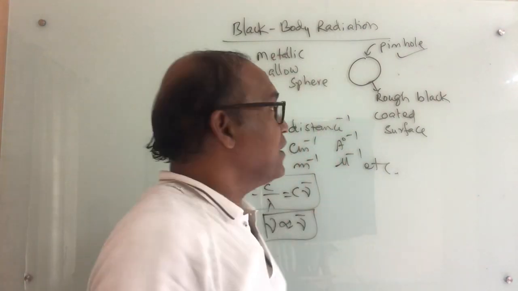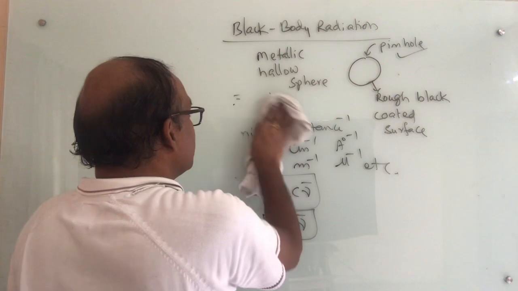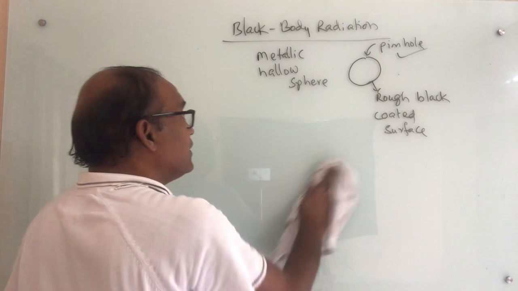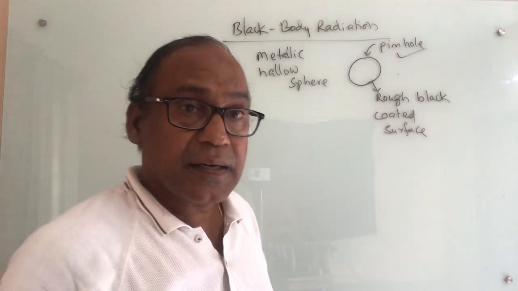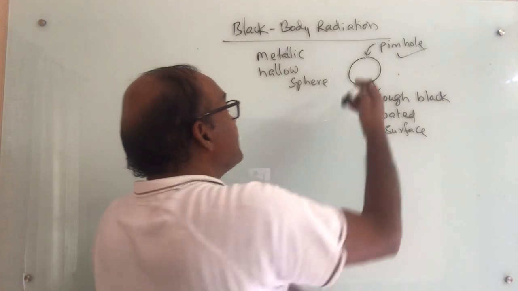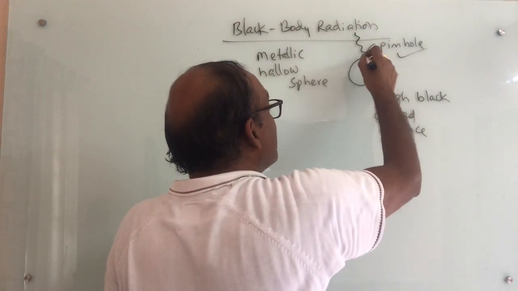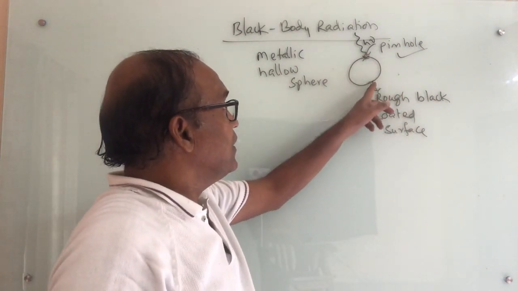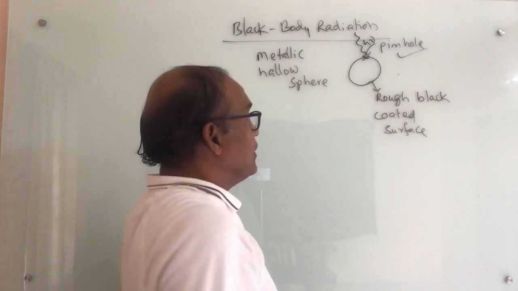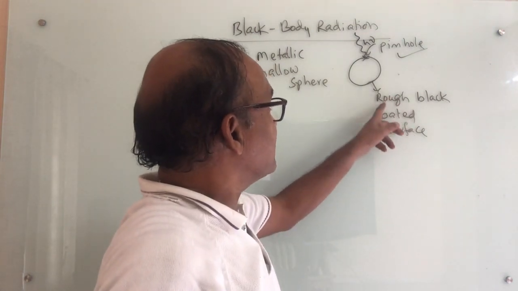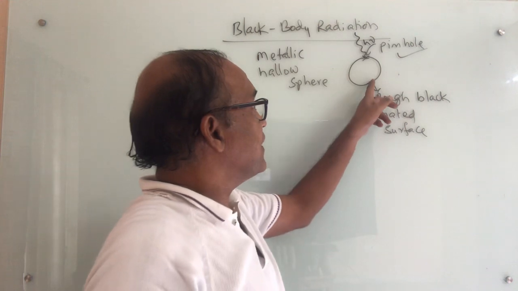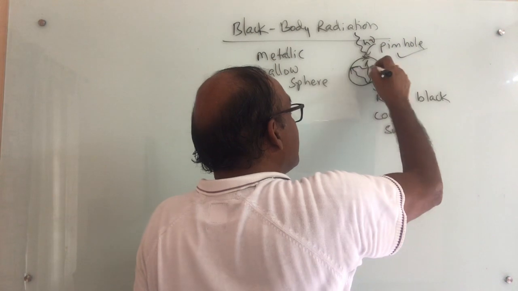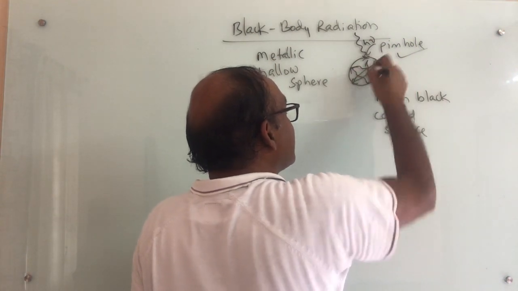A black body should absorb whatever light enters into it. That we can explain. Assuming that a ray of light is allowed through this pinhole, once it enters through the pinhole and strikes this black coated surface, which is rough in nature, part of its energy is absorbed and the remaining part is reflected, and reflected again and again.